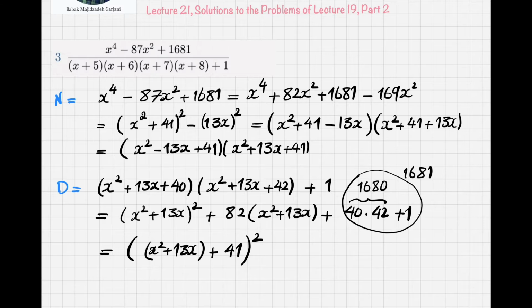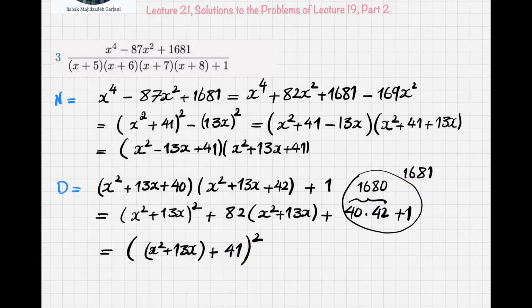Let us double check. If I ask you to raise this expression to power 2, you would say that this is my first term, so I square it, so that's correct. And then you would say 2 times the first one times the second one, which will give me this one. And finally you would say 41 to power 2, which gives me 1681.